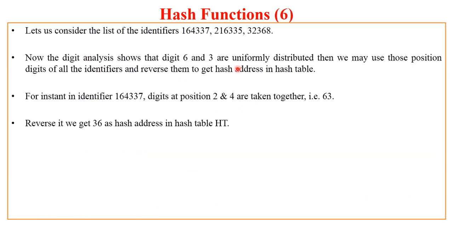Let us see the next discussion. Let us see this in this part of the discussion. We have 3 identifiers: 164337, 216335, 32368. Now here, if we see carefully, 6 and 3 are uniformly distributed in all the identifiers.